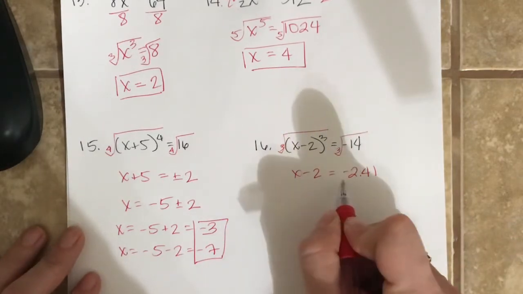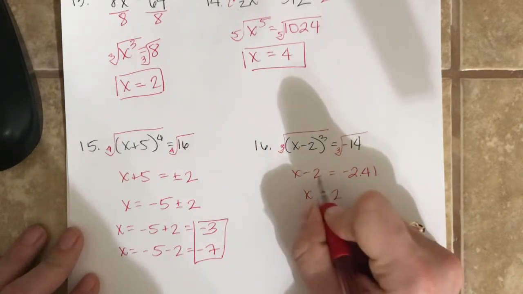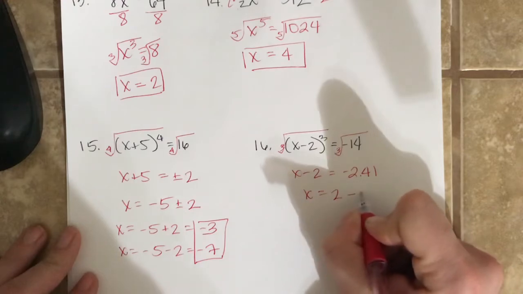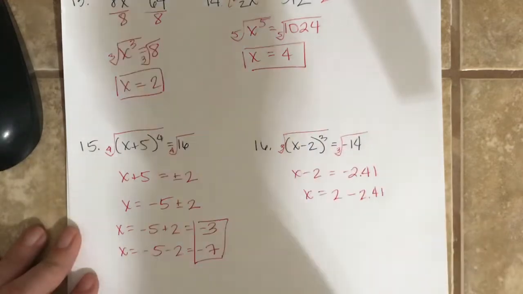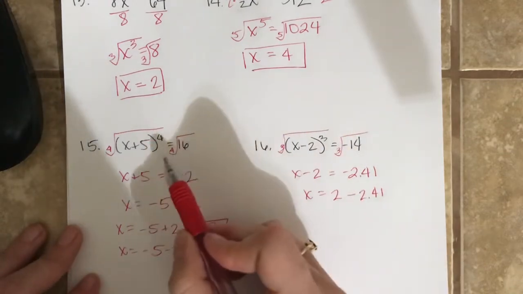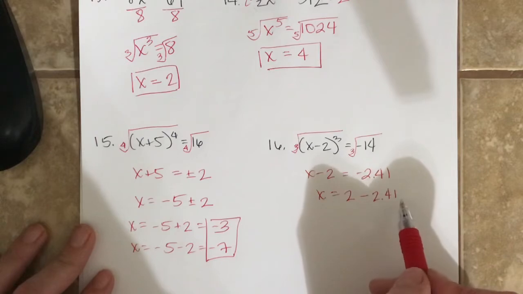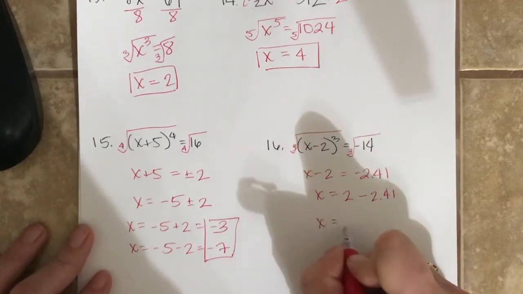So I need to add 2 to both sides. So I'm adding 2, and then I have minus 2.41 here, -2.41. Remember, I'm not doing a plus or minus because this is an odd root. We only do that with even roots. So 2 minus 2.41, so x is about 0.41.